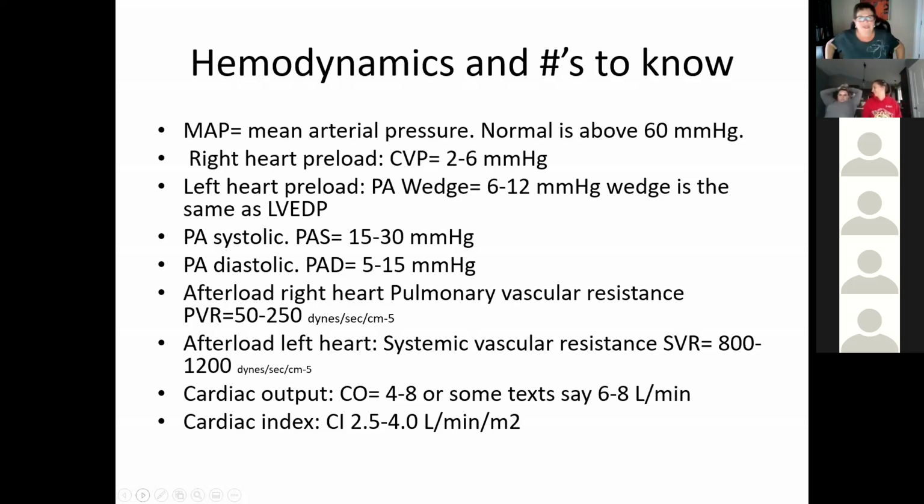Okay, so here are some hemodynamic numbers that I think you should know. A mean arterial pressure is normal when it's above 60. That feeds your head, your heart, your kidneys, and all of the good organs. When it's below 60, we have significant risk of ischemia.